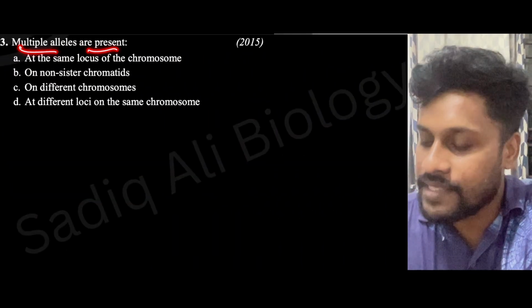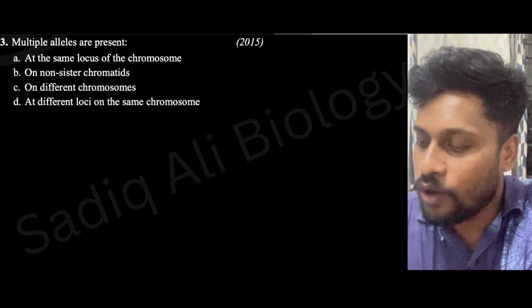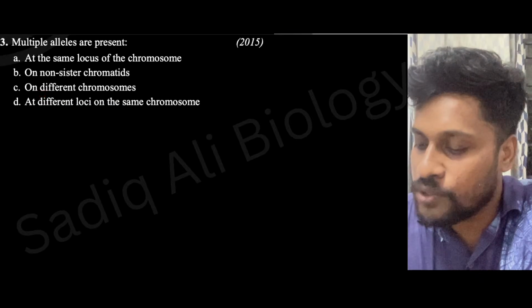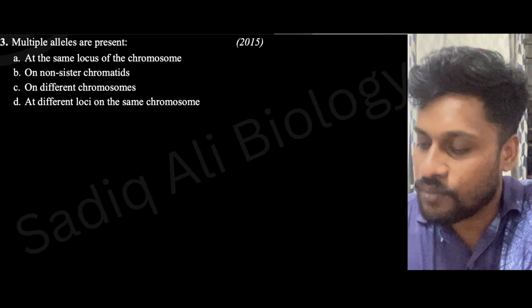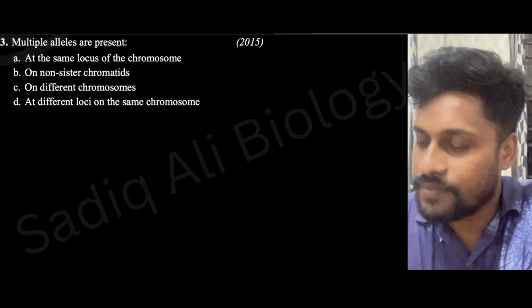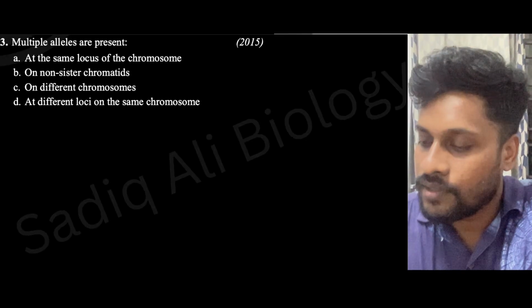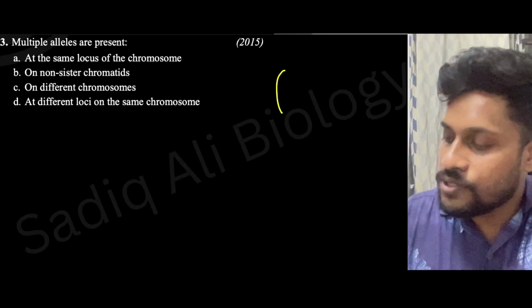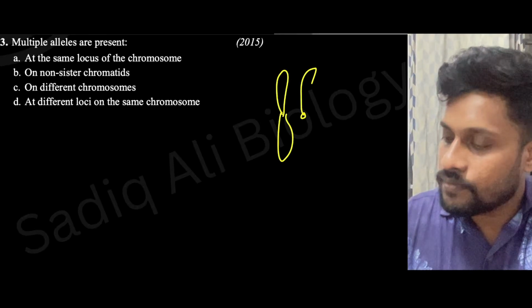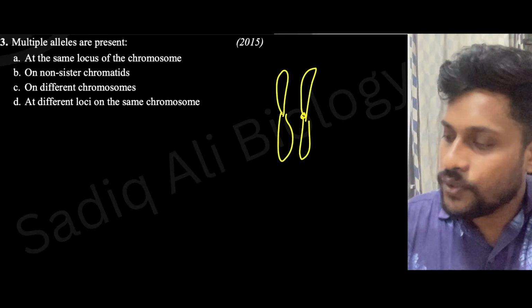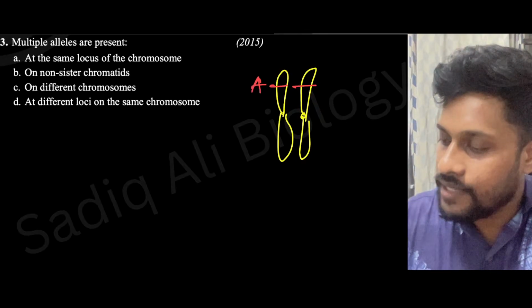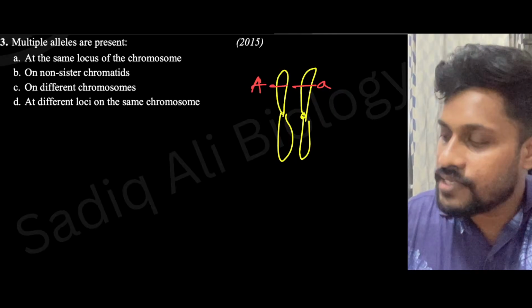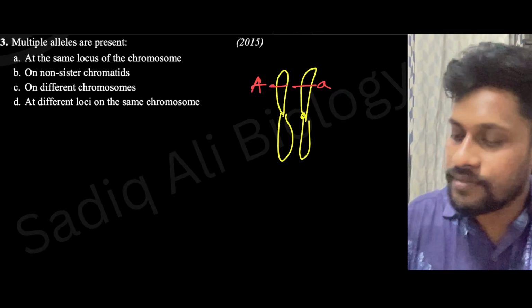Now, 23. Multiple alleles are present at the same locus of the chromosome, on non-sister chromatids, on different chromosomes, at different loci on the same chromosome. Guys, what will be the answer? When you take a chromosome, you can see, let's say, capital A, small a, which means this is the same locus.